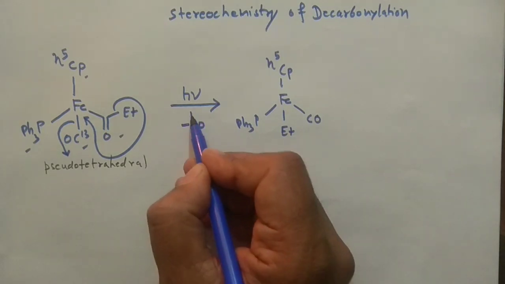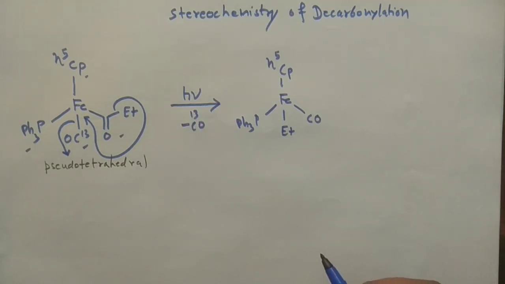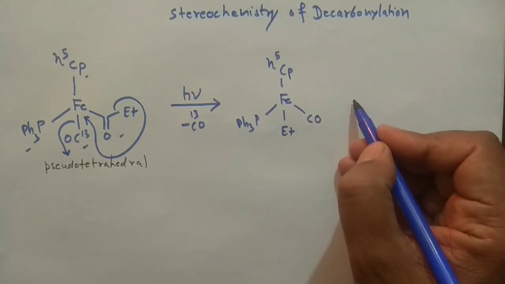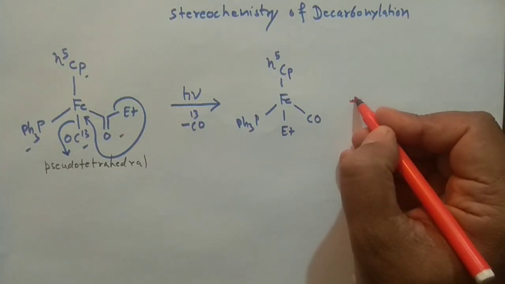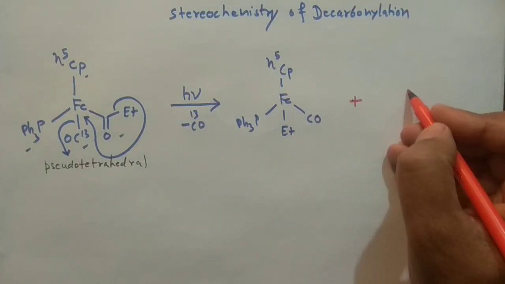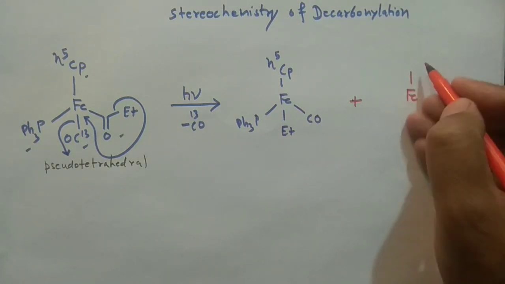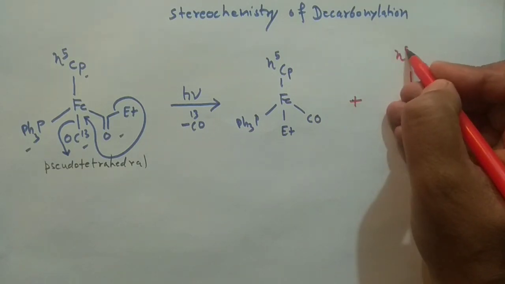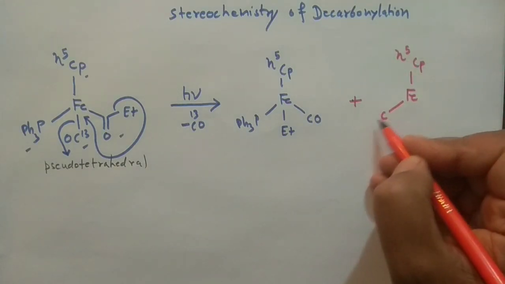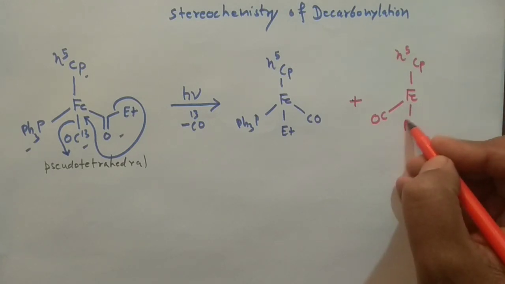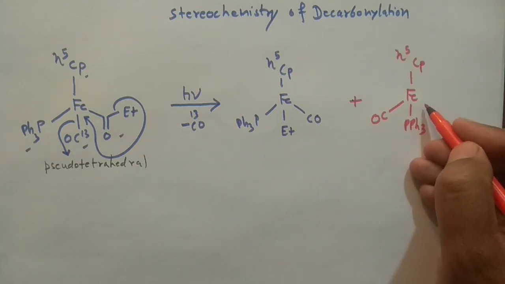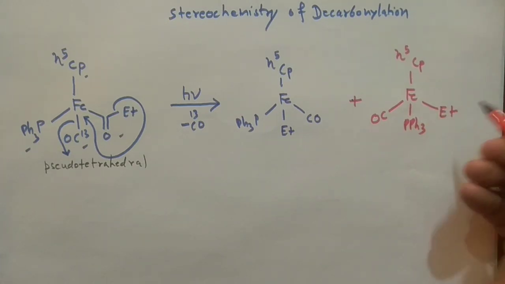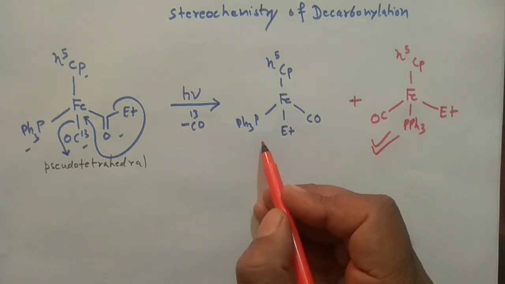Of course, removal of the 13C labeled carbonyl would occur. But when I analyze the structure of the product with the stereochemistry, I find this particular one, Fe, Cp eta 5, carbonyl here, PPh3, and Et. So actually I am getting this particular product, not the other one.